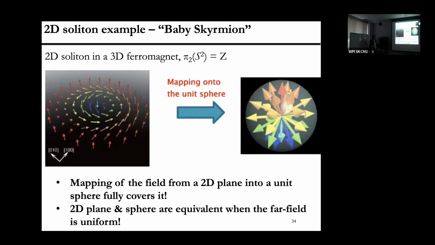And so when we will be mapping from R2, this is analogous to mapping from S2, because R2 with uniform far field background is equivalent to S2, right? So now we will describe all the possible solitonic structures in 2D that have 3-dimensional orientations of the unit vector field, allowed by the elements of the second homotopy group of the S2 sphere, right?